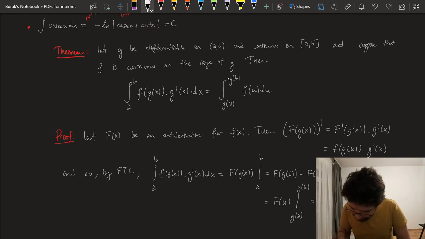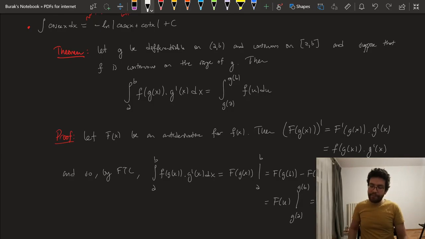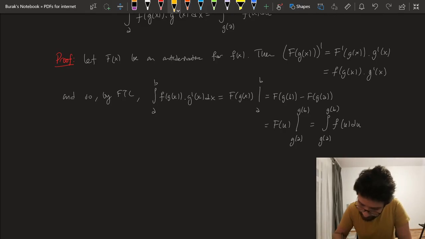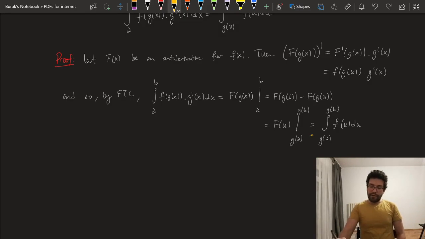And then this, by the fundamental theorem of calculus, is equal to the definite integral of f of u du from g of a to g of b. So over here I used FTC, the fundamental theorem of calculus, again. Now this finishes the proof.